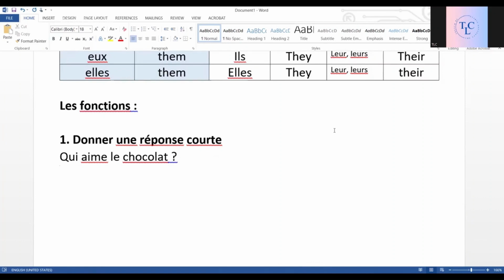If I want to say that I like it, I'll just say moi. Simple, short answer. You cannot just say je. Okay, je has a verb after it. So pronoms sujets have a verb after them. It's used to frame a complete sentence, subject, verb, object, or subject, verb. So it doesn't exist without the verb. But this does. If you want to give a short answer, moi.